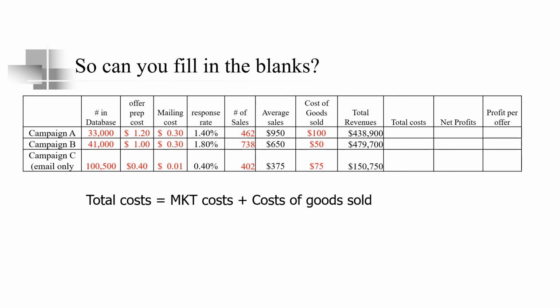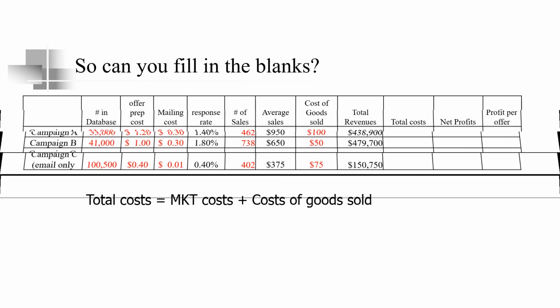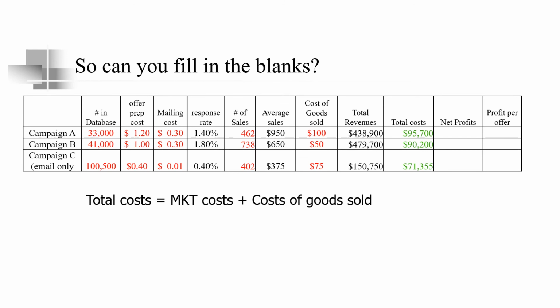And then we need the cost of goods sold, which would be the number of sales times the cost of goods sold per sale. So we would multiply those numbers together and get numbers that look like this, total costs.